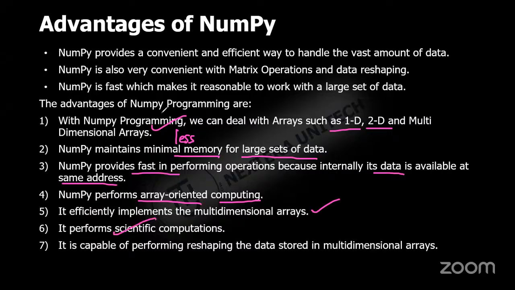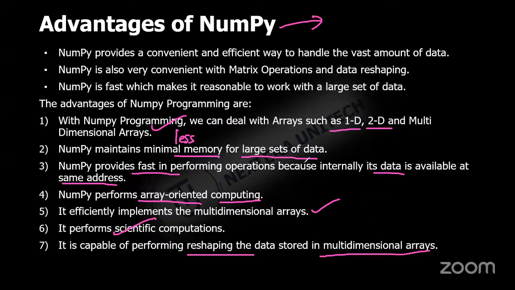The reason why NumPy was developed is to overcome the challenge of the numeric library. So it can perform scientific computations, and it is also capable of reshaping the data. We can transform our data, which is stored in these multi-dimensional arrays.